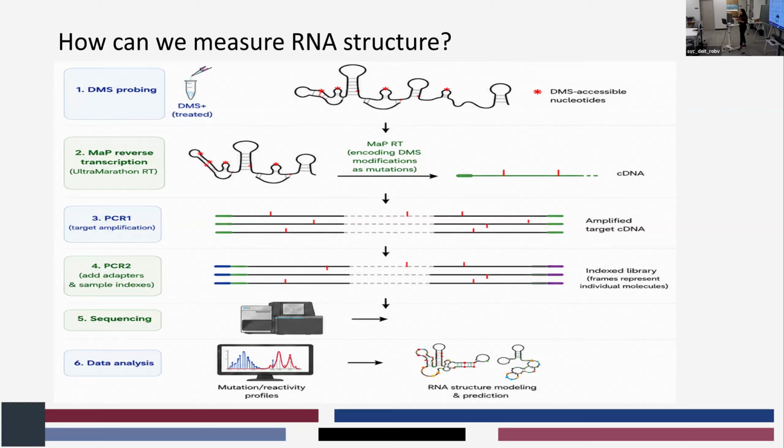Therefore, the pattern of DMS modification gives us information about which regions or nucleotides of the RNA are accessible or unpaired, not in a structure, and which regions are paired or inaccessible.